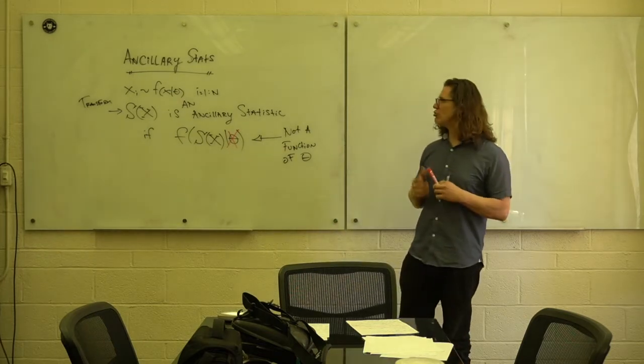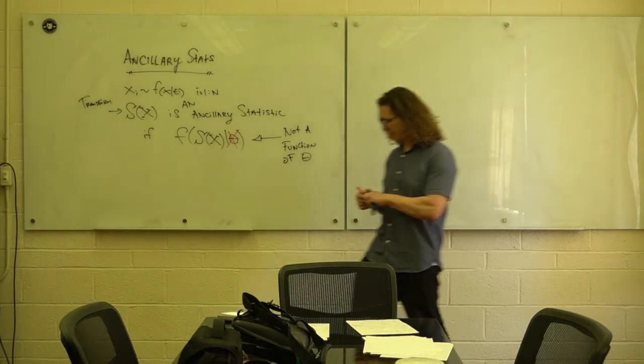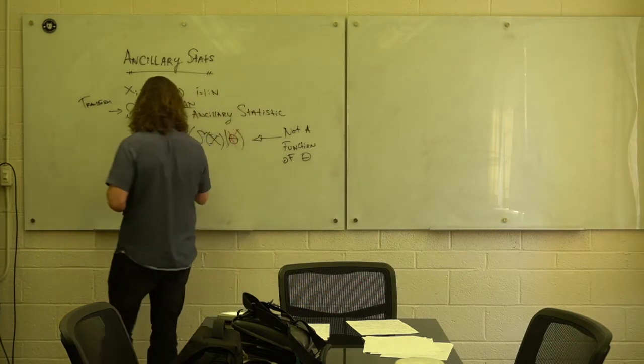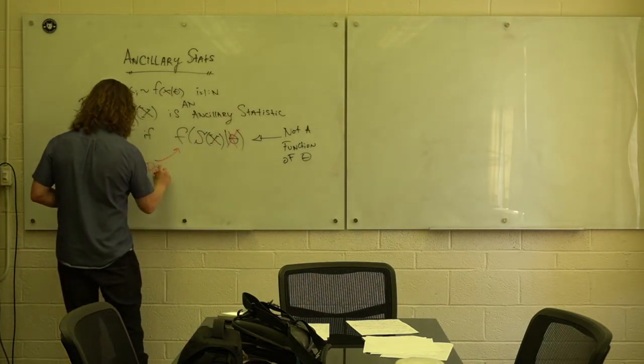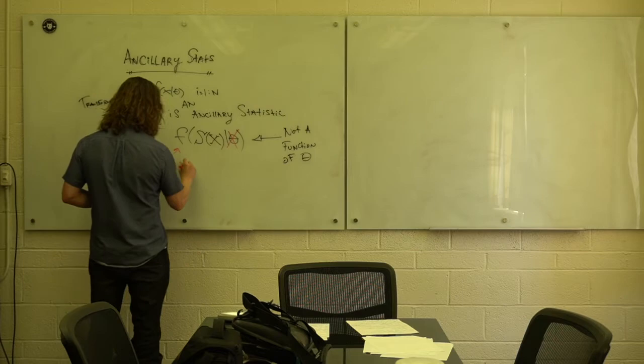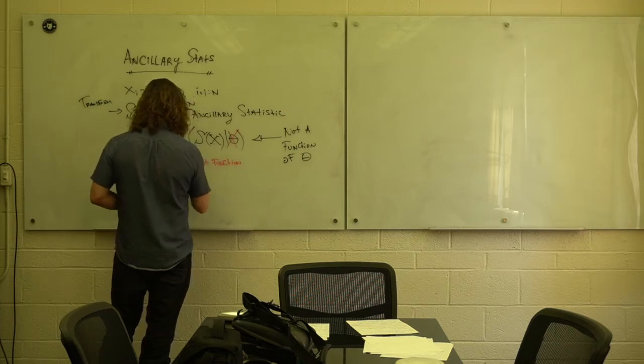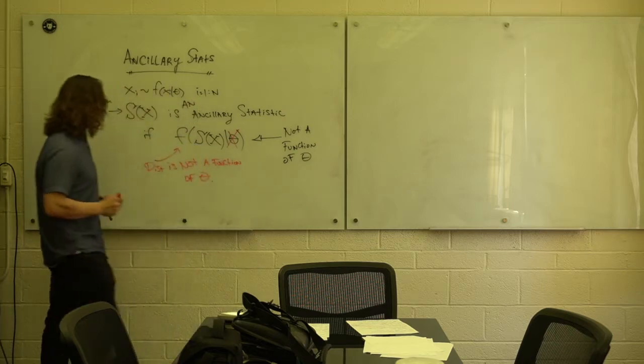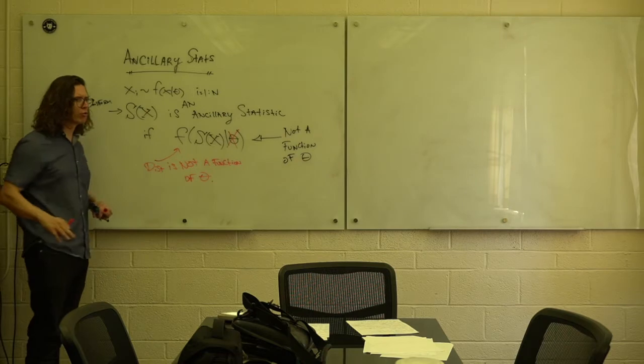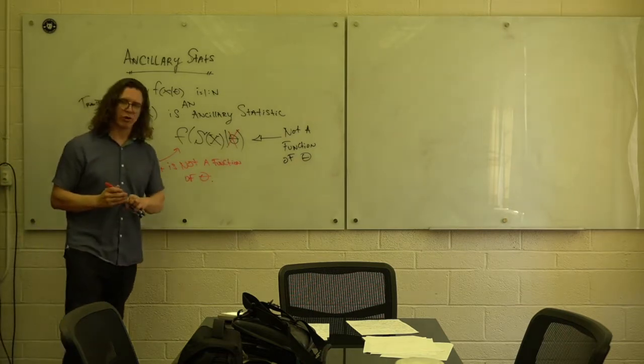So the distribution is not a function of theta. So this is its distribution, as opposed to saying that S of x is not a function of theta. Its distribution is not a function of theta.